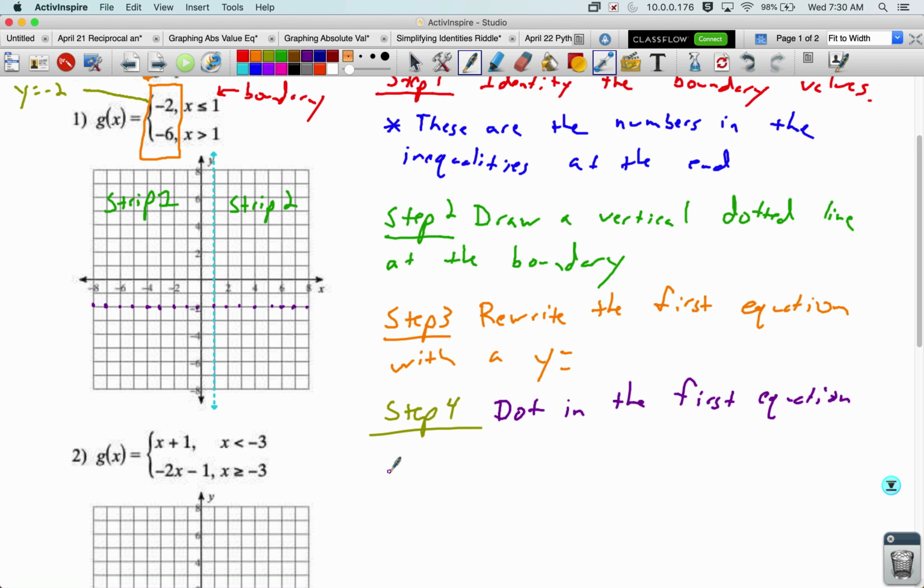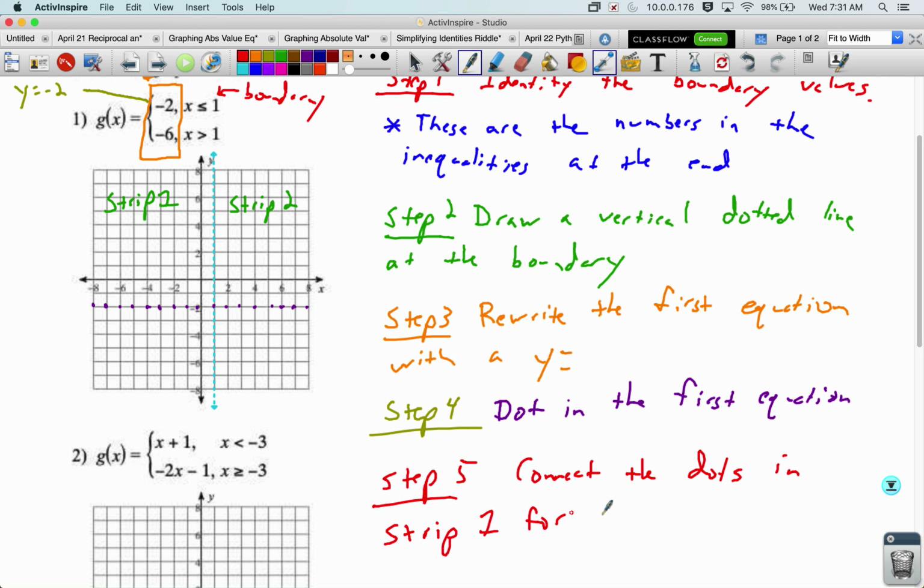We, in step 5 here, all right, we want to connect the dots in strip 1 for equation 1.